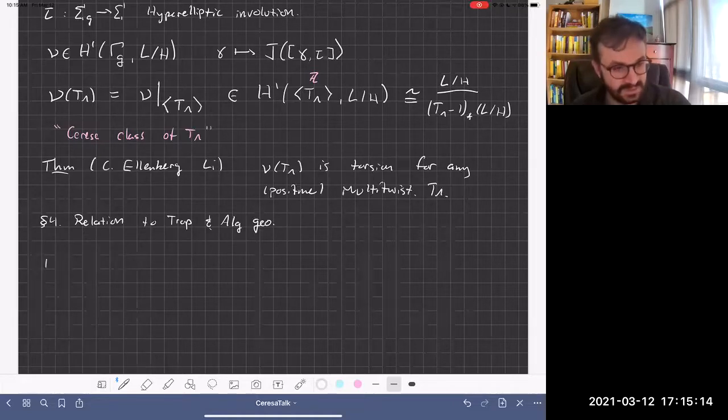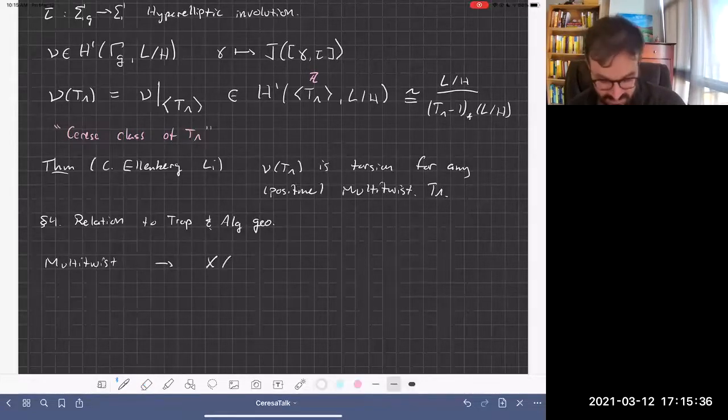Okay, so to go from a multi-twist to the l-adic Ceresa class for a curve over C((t)), let me phrase it as from a multi-twist to X over here.